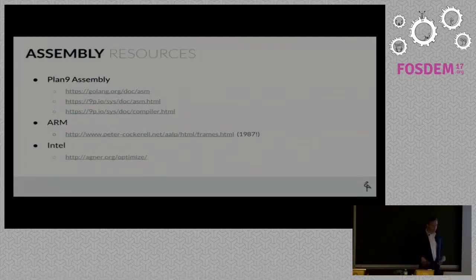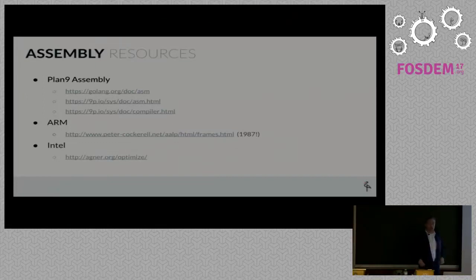If you look at some resources that we have that are out there, as maybe some of you know, some of the origins of the Go architecture and work go back to the whole Plan 9. Work on that has been done, and some of the assembly still originates back to that. So some of the documentation out there is literally at the gp.io website.